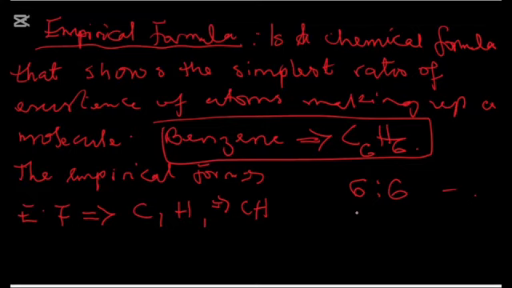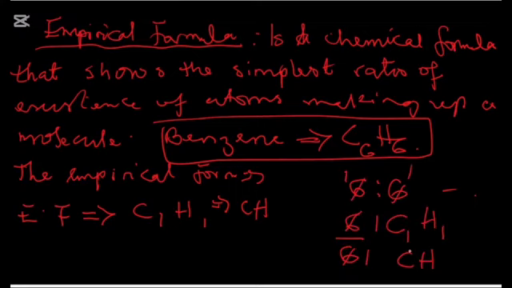So 6:6 is like C1H1. So it's like CH. So the simplest form of ratio of existence for benzene is CH. So we can say the empirical formula of benzene, which is C6H6, is CH. Is that okay?